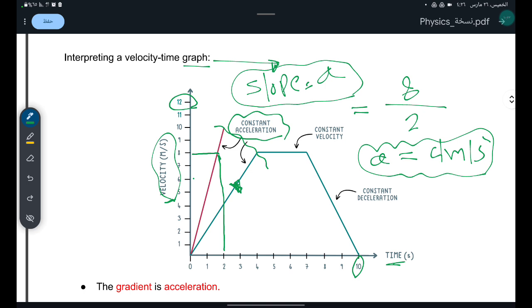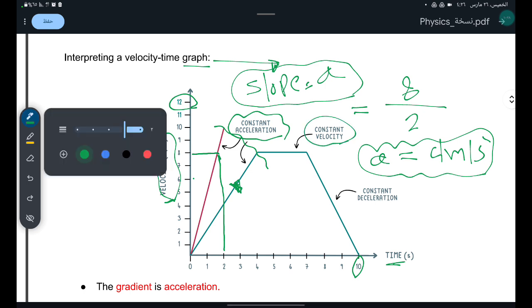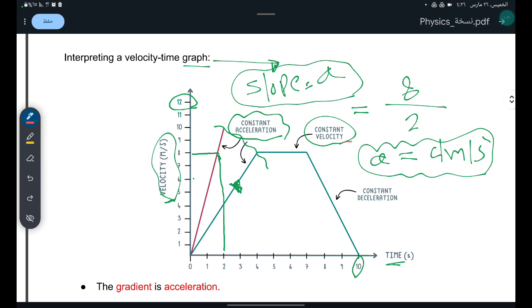The second part of the curve represents a constant velocity, parallel to the horizontal axis. The third part of the curve represents a constant deceleration.